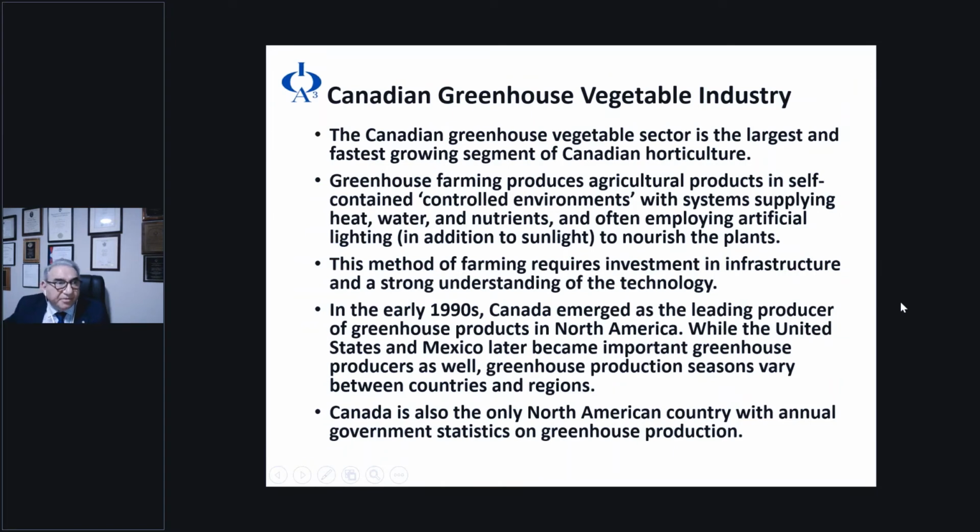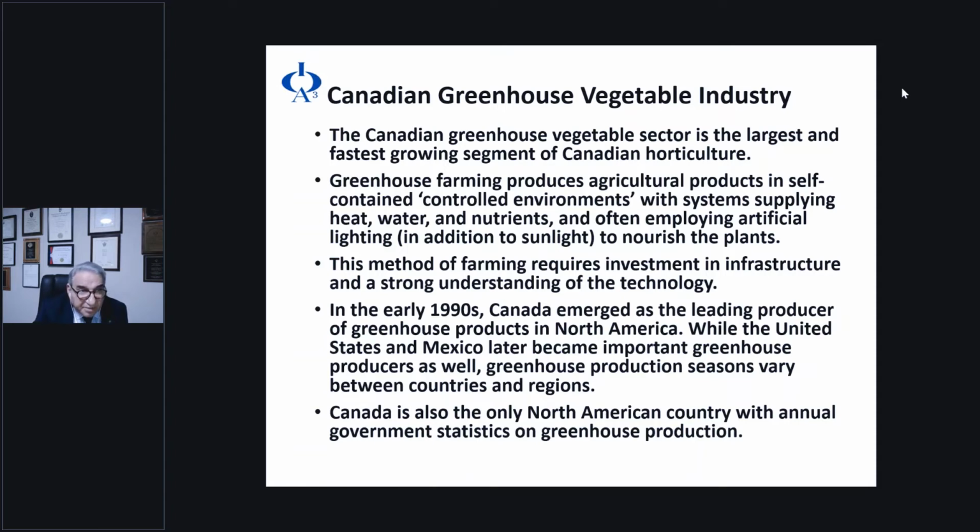The application for the greenhouse industry in Canada mainly focuses on vegetables, and it's a big sector, one of the largest growing sectors in Canadian horticulture.